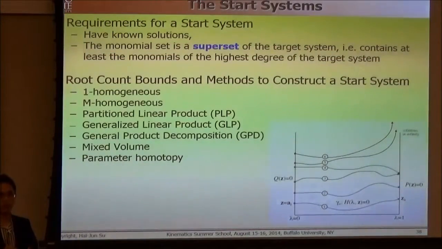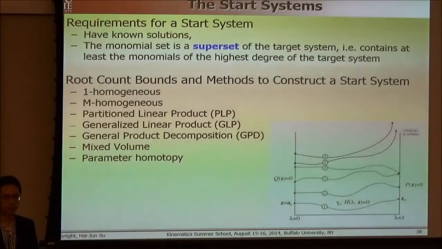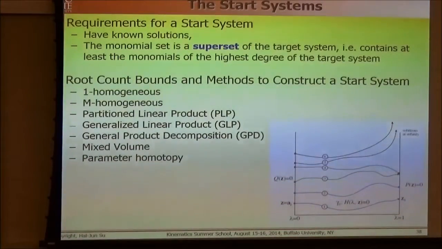So you're working on the complex field, and your start system does not necessarily have a real solution. It's actually complex in general. I'll show you the software that you can download from there. It's actually randomly generated complex polynomials.